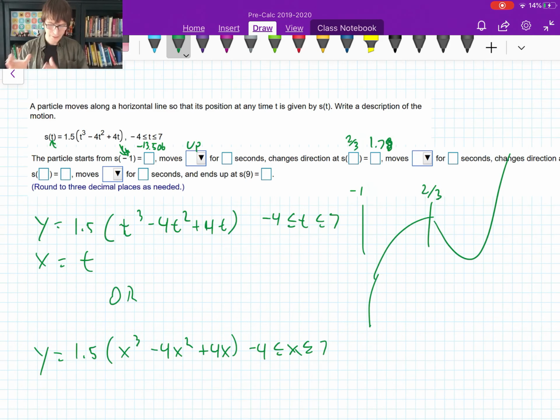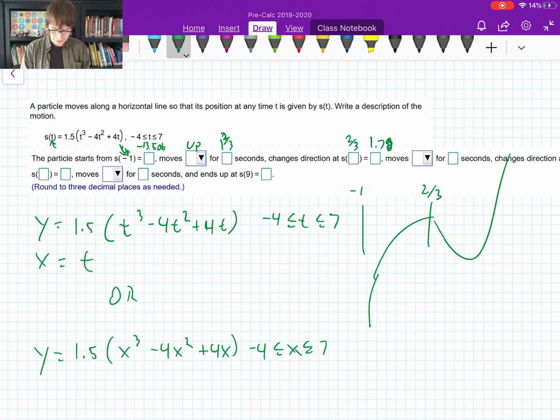So it moves up for how many seconds? It moves up for 1 2/3. Or you could say, if you want to write it as an improper fraction, 5/3 seconds. Changes directions at 2/3, which is s of 2/3, which is 1.78.